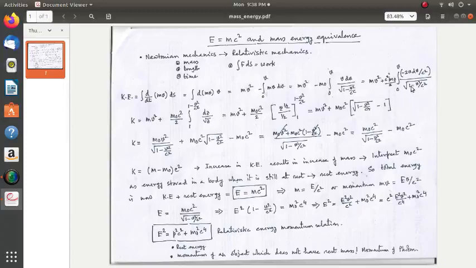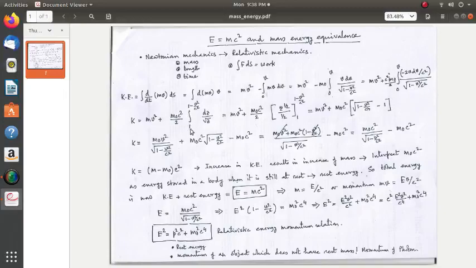Introduce a new variable 1 minus v square by c square as z, then dz is minus 2v dv by c square. When v equal to 0, z is 1, and when v equal to v, z is 1 minus v square by c square.